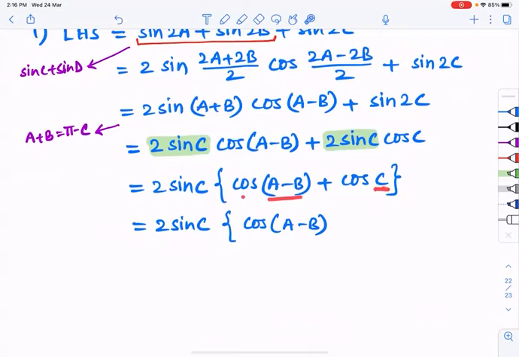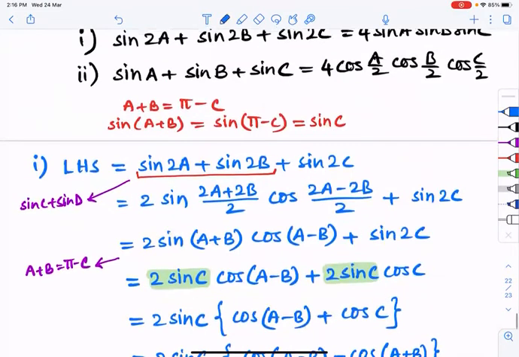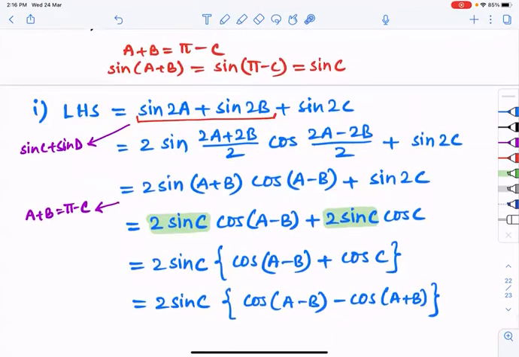I am using another one. That is, cos c here can be written as minus cos of a plus b. Why? Because we have already seen this relation, a plus b equal to pi minus c.